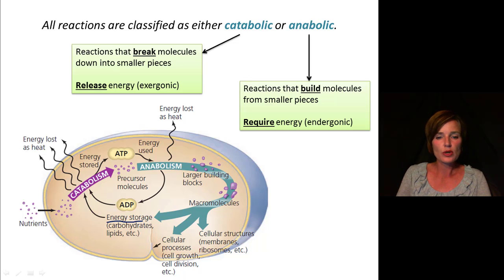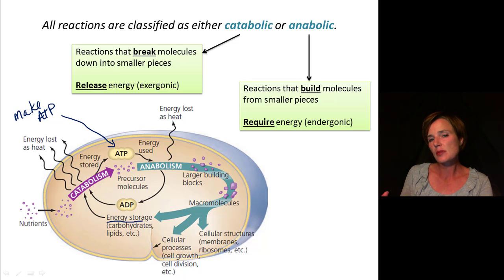And what the cell is going to do at that point is take that energy and use it to make ATP. So notice down here, we are producing ATP, and ATP is really the energy currency of the cell. So if we produce some ATP, then we will now have the ATP that we need to run those anabolic reactions, which is the other side of this.